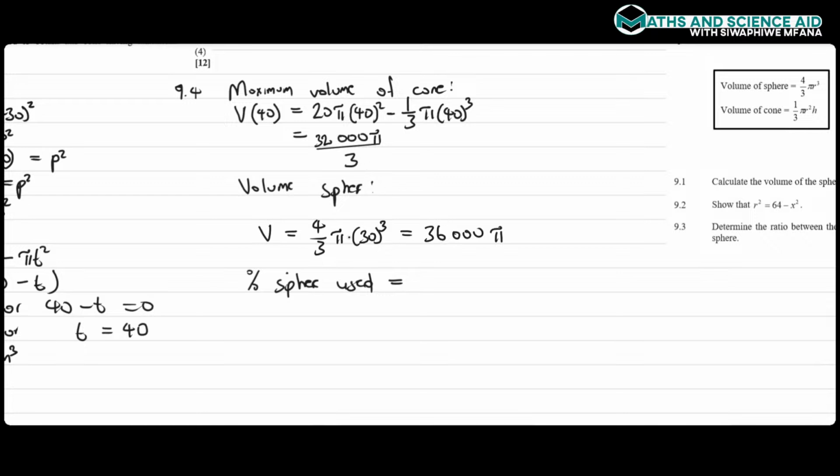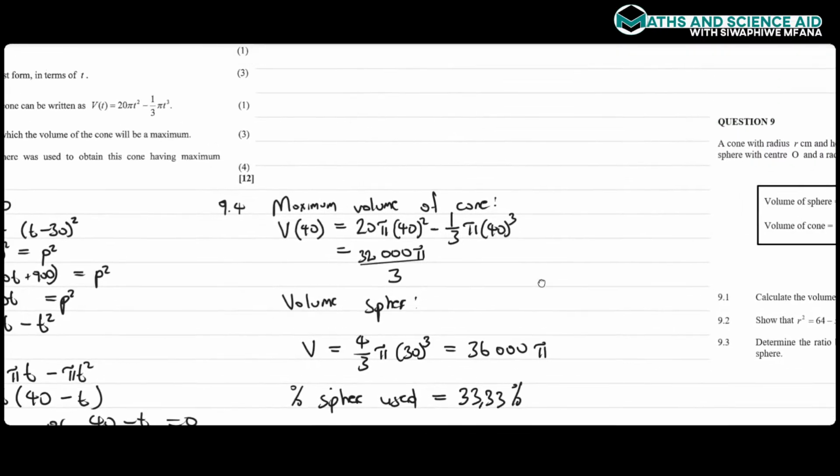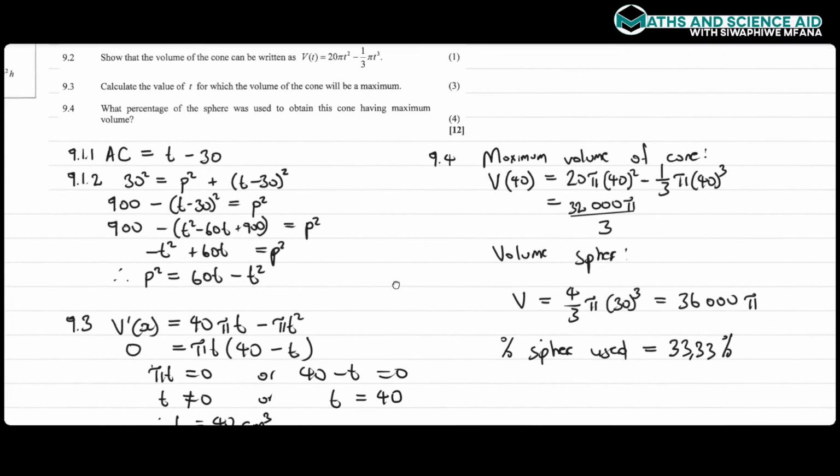The volume of the sphere is 36,000 pi, and the volume of the cone is 32,000 pi over 3. So that will be 33.33%. That's the answer to 9.4.